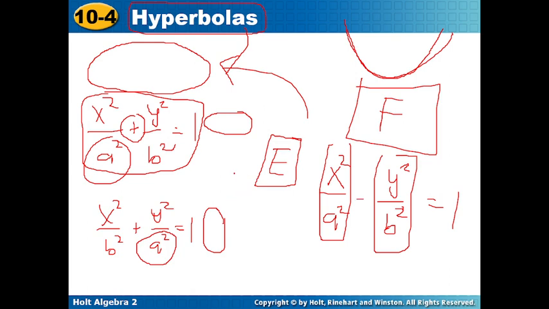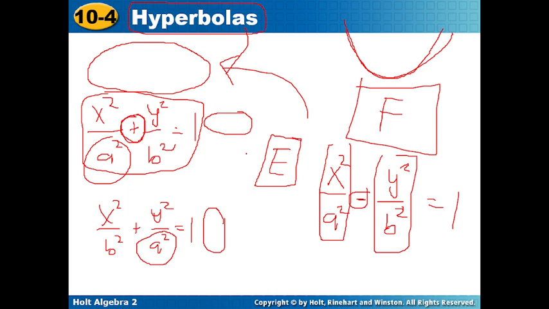So in order for you to know whether it is a hyperbola or an ellipse, a hyperbola contains an operation of subtraction, while an ellipse contains an operation of addition. All right. What else?